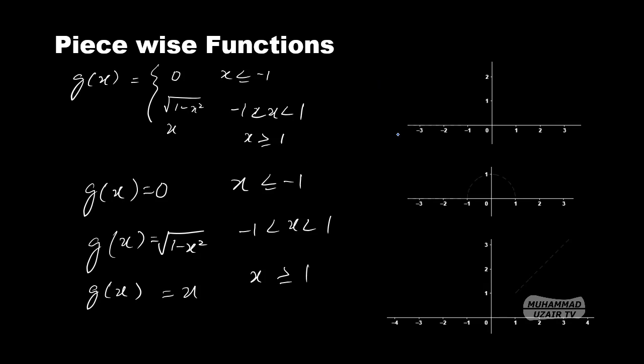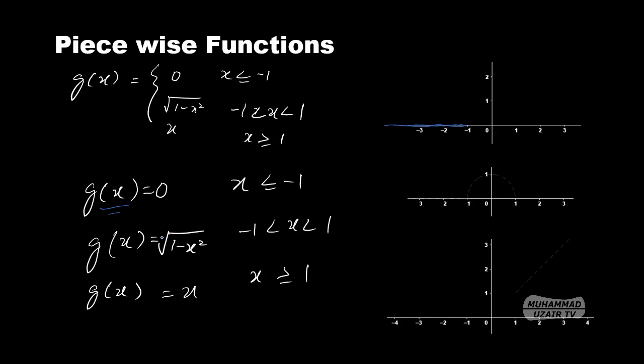So this will be the first function g of x. Because g of x is equal to 0 for every value of x up to minus 1, g of x will be 0. The second function is the equation of a circle.